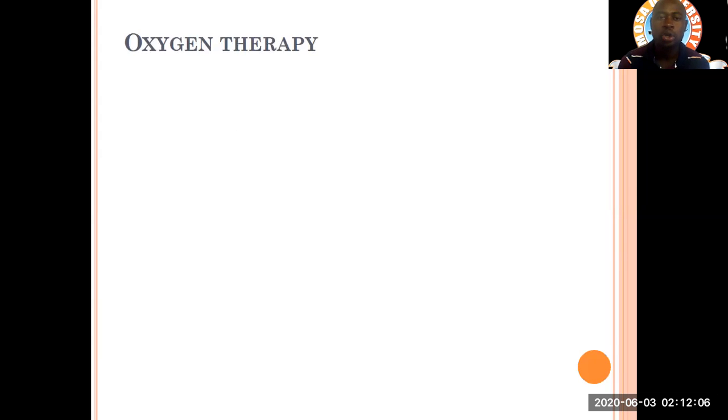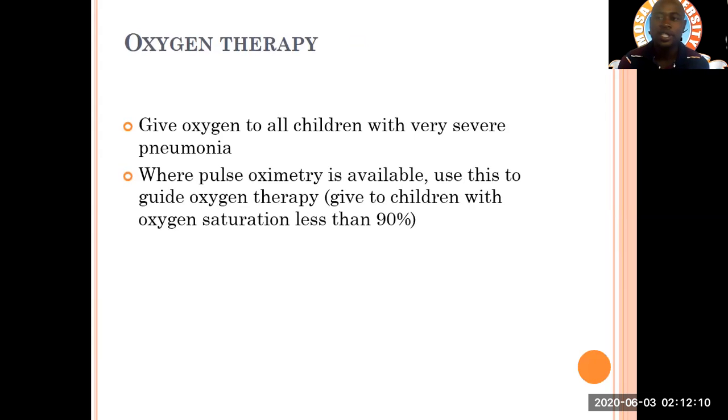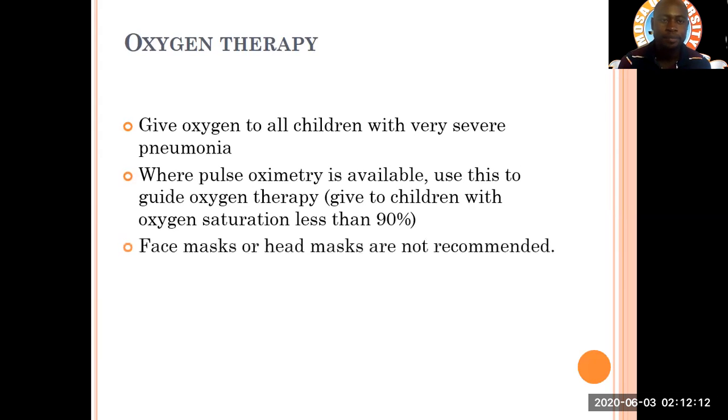You ensure that you control the temperature because these are patients that will present with fevers. You also give oxygen to children with very severe pneumonia where pulse oximetry is available. Once you look at the pulse oximeter, you give oxygen to those saturating less than 90%. We know that in every normal human being, the normal saturation should be 100%.